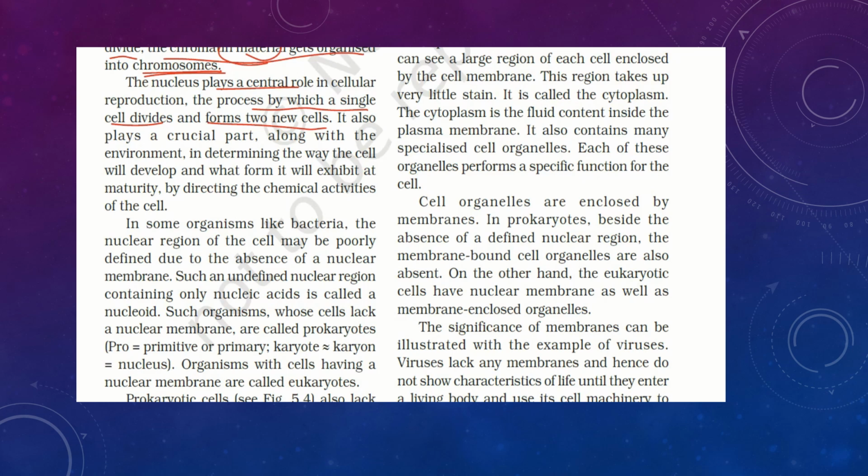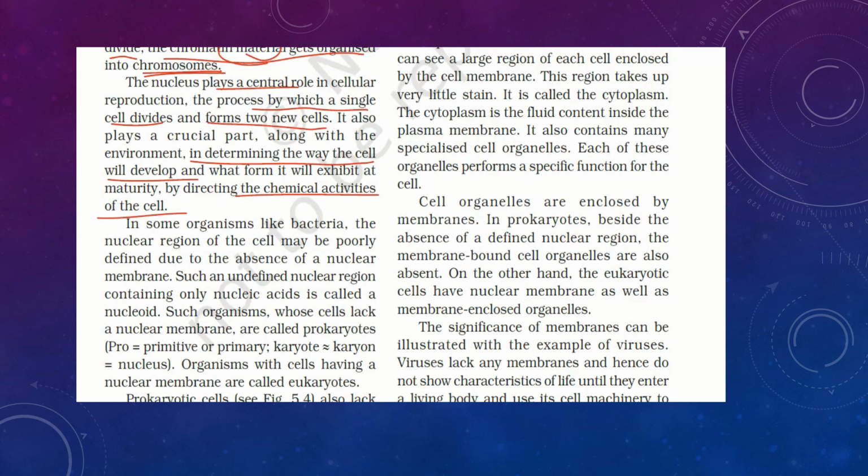Along with the environment, it also plays a crucial part in determining the way the cell will develop and the form it exhibits at maturity, by directing the chemical activities of the cell. So, it has a very important role in the process of cell division. Is it clear to everyone?